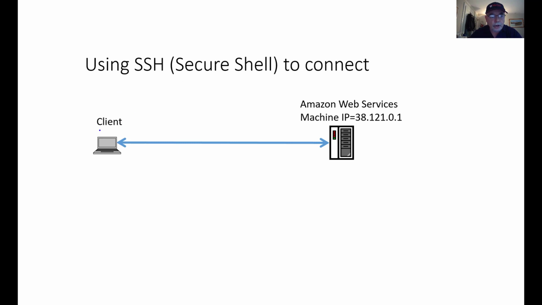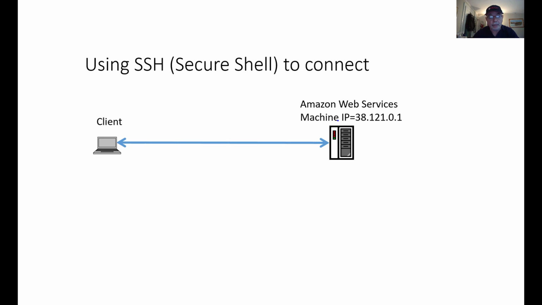So we'll need on our client side to have a command window. On the Mac, it's called a terminal window, but both Windows and Mac support a command window that will allow us to use SSH to connect to the machine. Now, to make this a secure connection, the machine will generate a key, a password if you like.